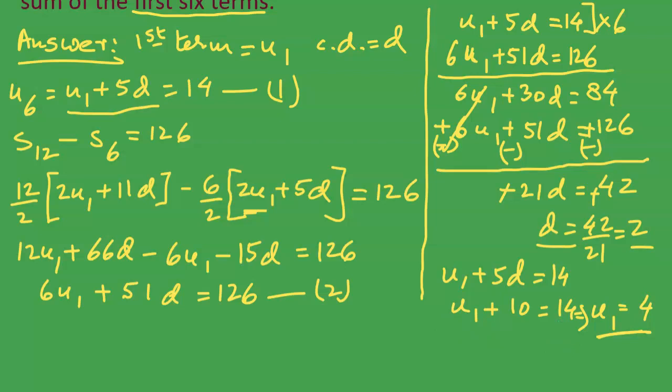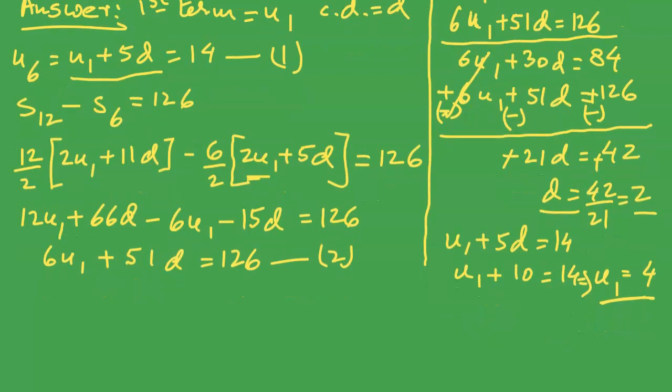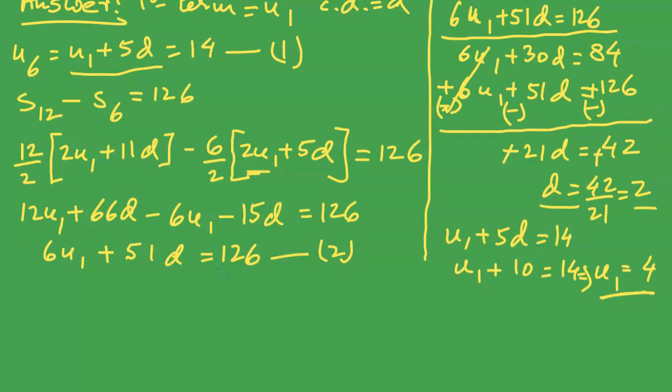Therefore, now we are in a position to find the summation of the first 6 terms. So S6 is equal to 6 over 2 times (2u1 plus (n minus 1)d). u1 is 4, so 2 times u1 is 8, plus n minus 1, that is 6 minus 1, which is 5, times d, which is 2.